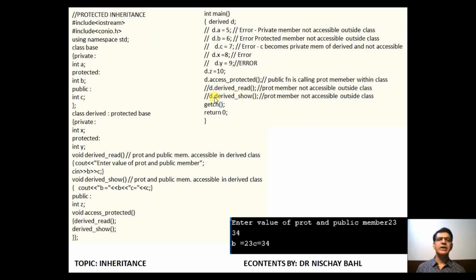D.derived_show directly will also result in an error, because protected members are not accessible outside the class. So we have called those member functions through the access_protected function, which is a public function. We access the public function outside the class, and that public function calls the protected member functions of the class. Again, you get the respective output, value of B as 23, value of C as 34.